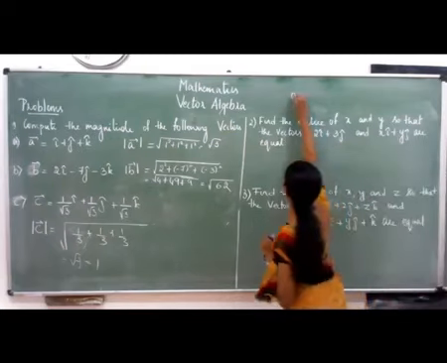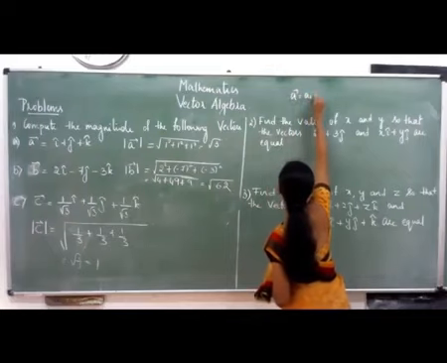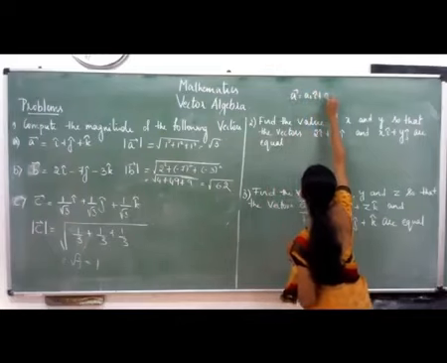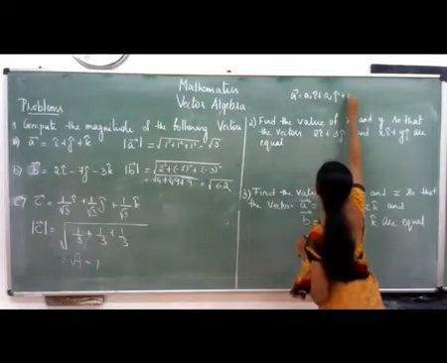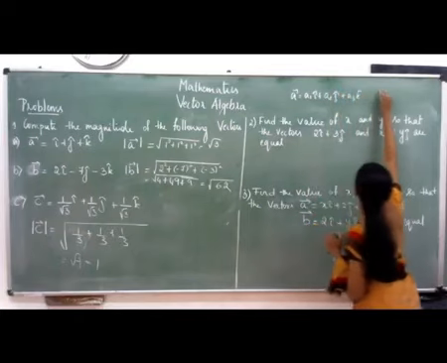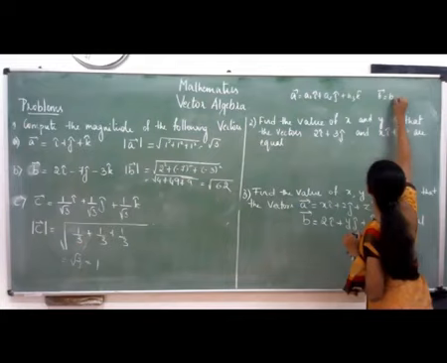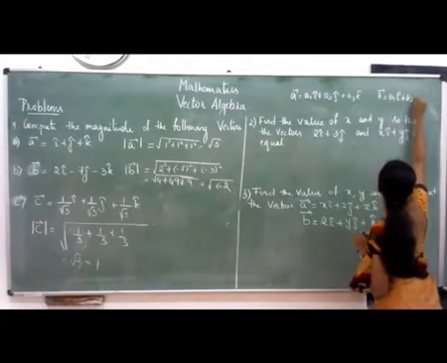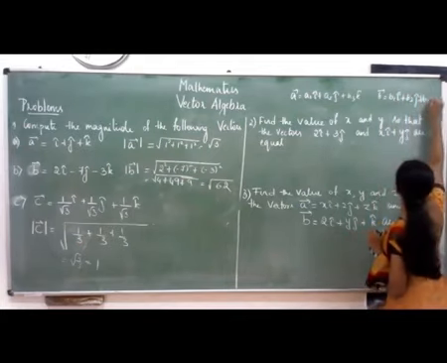See, when you have two vectors, vector a equal to a1i cap plus a2j cap plus a3k cap, and vector b equal to b1i cap plus b2j cap plus b3k cap.